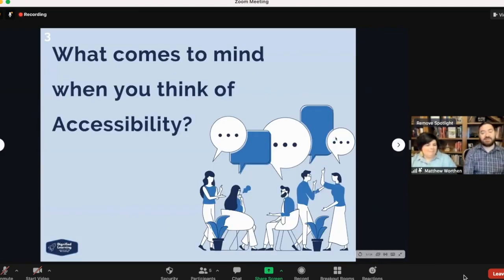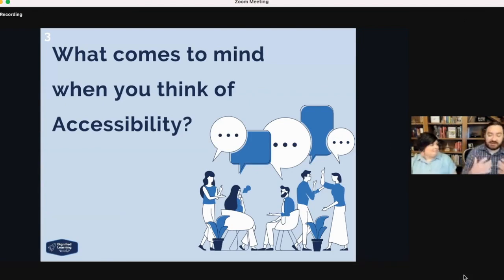So Emily, I just have to ask, when we think about accessibility, especially in the context of e-learning, what comes to mind? Well, I would take it one step back and just say what comes to mind when you think of accessibility. I think part of the image that comes into most individuals' minds is that image of the wheelchair, right?